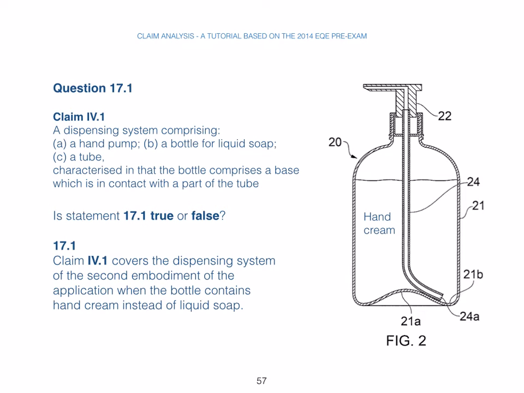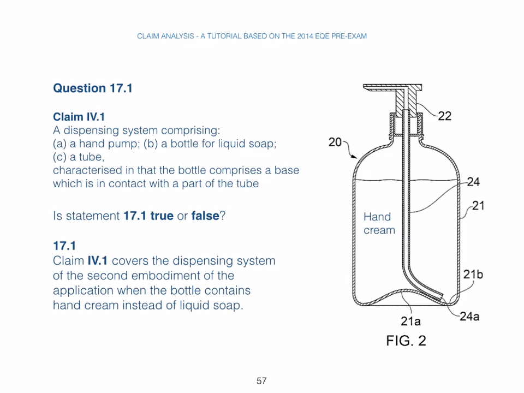So we have to consider now, I think all other elements of the claim seem to be equated. We have a dispensing system comprising a hand pump 22, a bottle 21 containing a hand cream, a tube 24. The bottle comprises a base 21A, which is in contact with the part 24A of the tube.